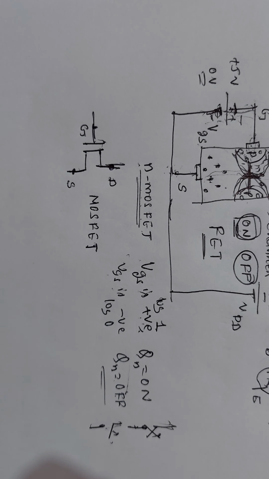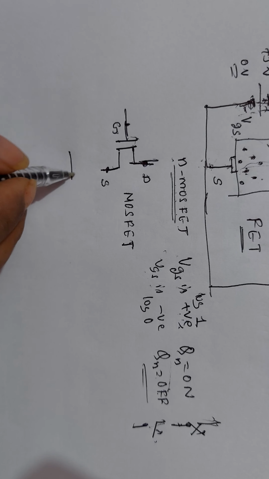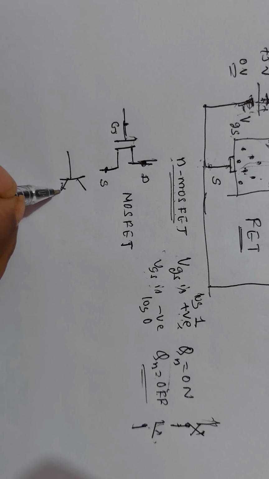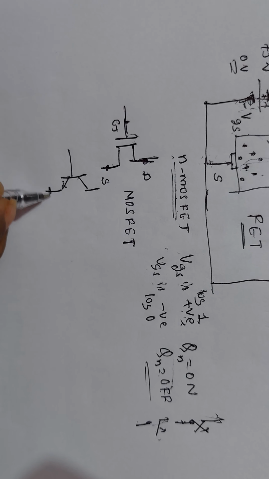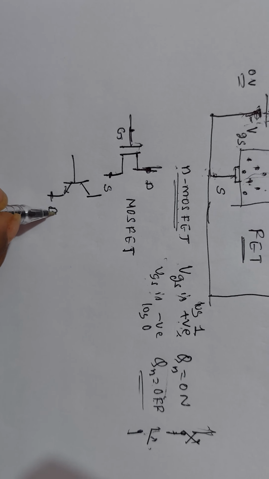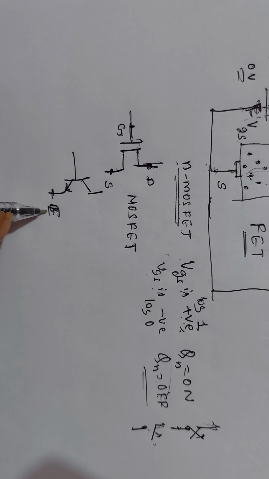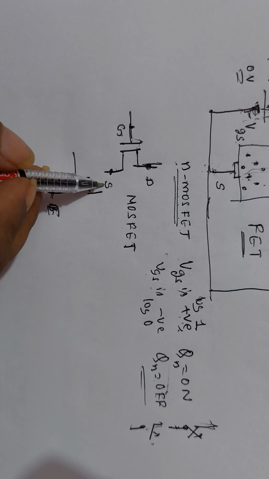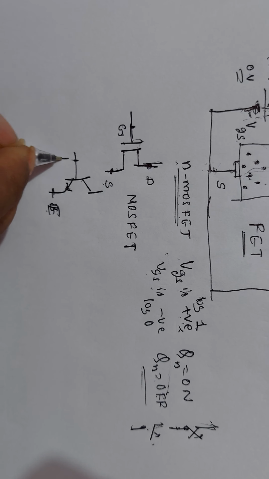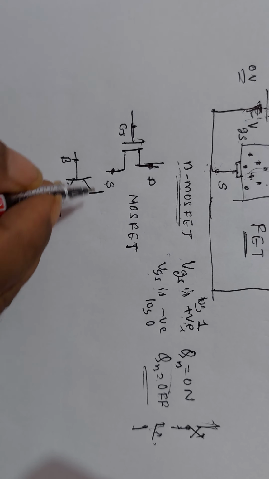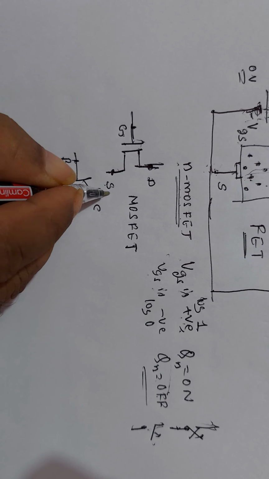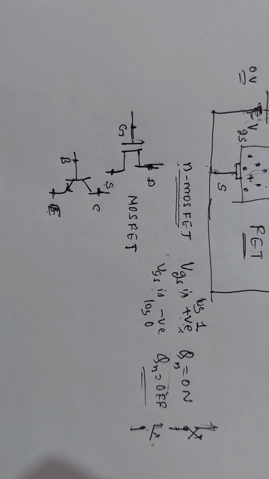Similar to bipolar transistor. The symbol of bipolar transistor is like this. This is base. This is emitter. Arrow mark represents emitter, which is equivalent to source. This is base, which is equivalent to gate. This is collector, which is equivalent to drain.